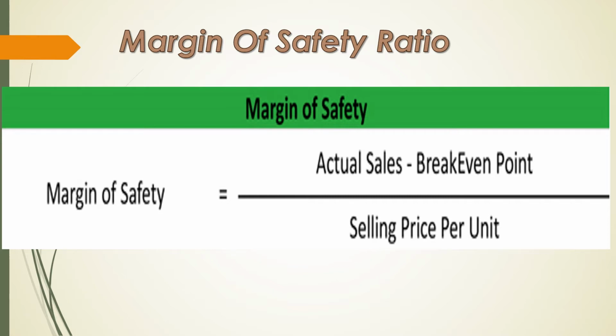Now, I do have to stress that the break-even point also has its formula, so please refer back to the previous video. I put the link above there on the screen so that you can understand the break-even point. But just to elaborate a little bit, this is the point where sales and costs are equal.